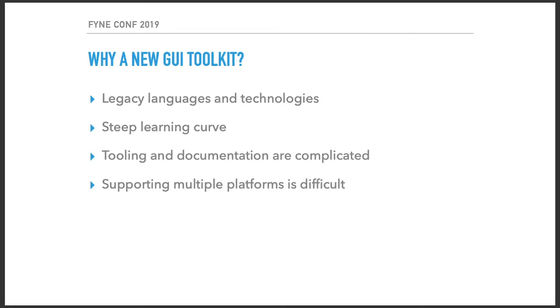A graphical user interface is something that has been around for a very long time, and it has evolved a number of times in that period. However, the toolkits that we have available now, especially on the desktop, are really built on legacy languages and technologies. It doesn't take long before you realize that many even of the newest adaptations are based on a C language project or binding underneath.